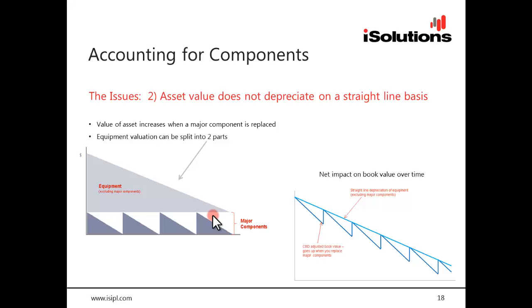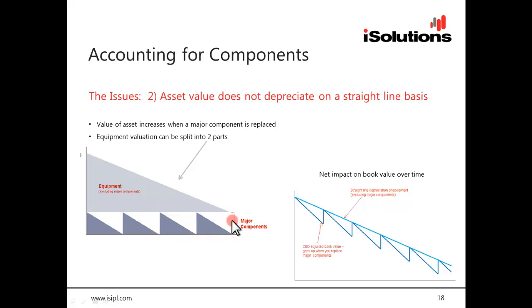And really, when you break that down, you could say the base asset could be depreciated on a straight line basis, the frame, the cab, etc. But then its major components, their value drops on a much shorter time frame. The engine, its value would be expended over the life of that engine, and then you put a new engine in and the value would go up, and then you depreciate the next engine.